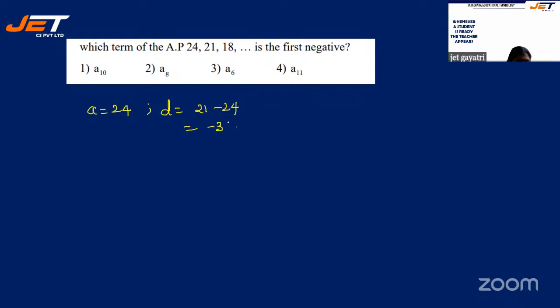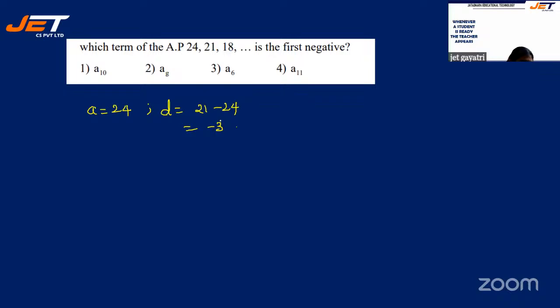Right. So now which term of an AP is the first negative? So it says D is minus 3.